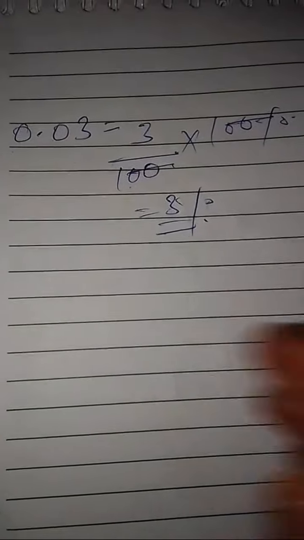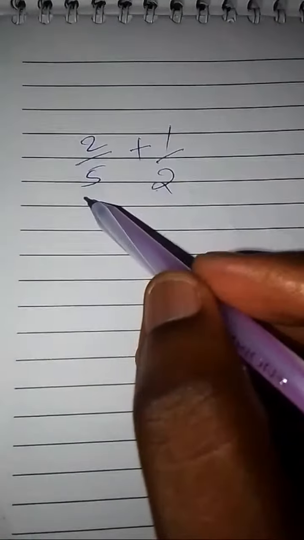Let's now move to fractions. When asked about fractions, fraction is also one of the nice parts. You are told 2 over 5, you add to 1 over 2. This one is the easiest trick that you can do.